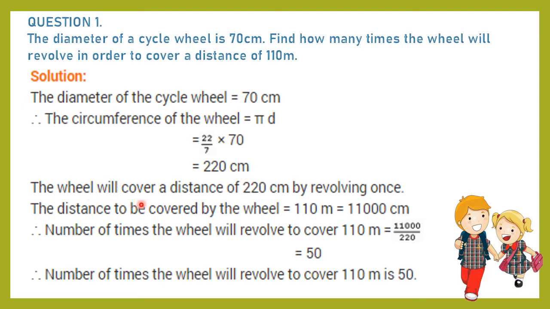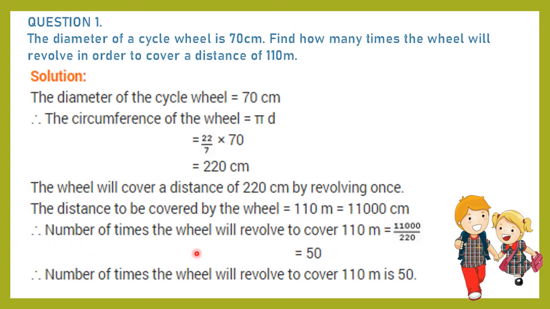Now the wheel will cover a distance of 220 centimeter by revolving once. Means if it rotates one time, then how much distance does it cover? 220 centimeter. But we have to find how many revolutions it takes when it covers the distance of 110 meters. So first of all we are going to convert into the same units. So 110 meter is equal to 11,000 centimeters.